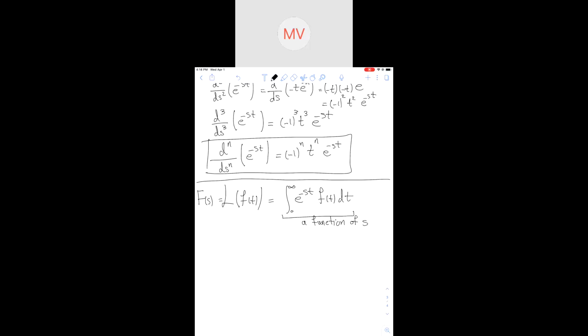So it's a function of s. That means we can derive this with respect to s. Okay. So let me go ahead and take the derivative. I want to take the nth derivative of this function with respect to s. So it's going to be basically the nth derivative of this integral, 0 to infinity e to the negative st f of t dt.